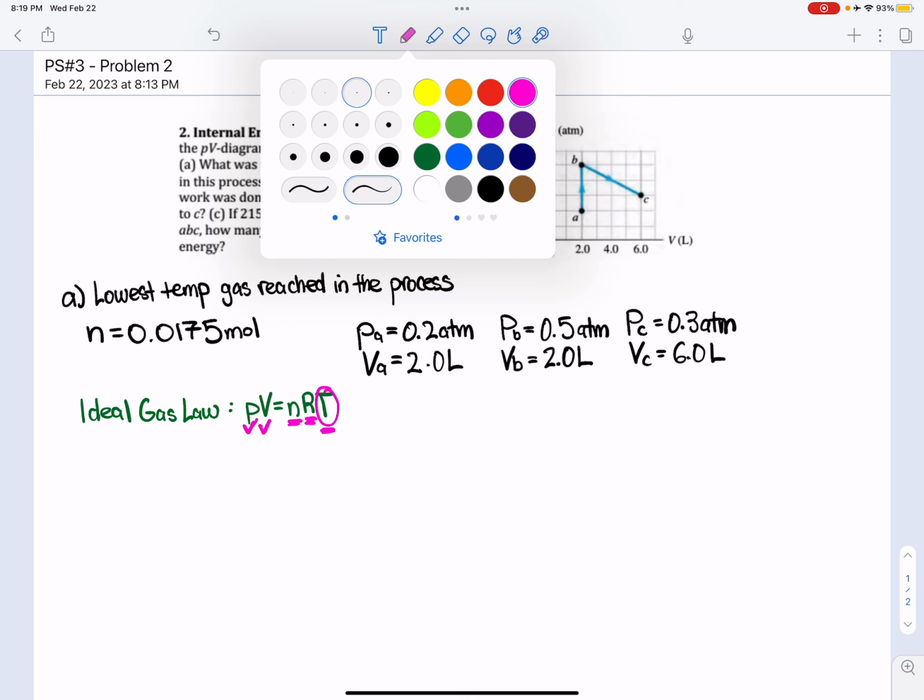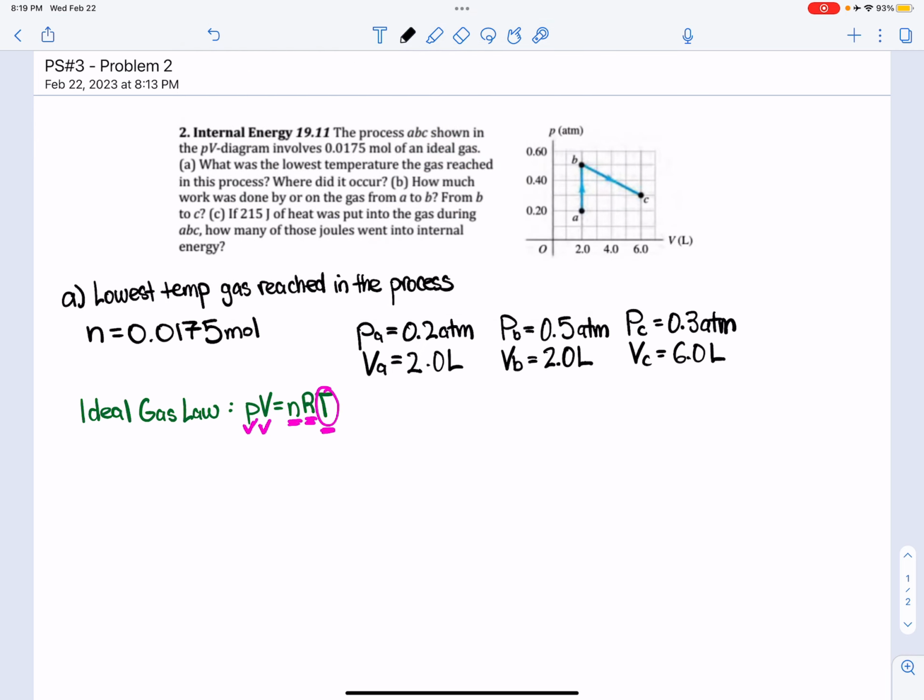So let's multiply out our pressure and volume for state A first, okay? If you multiply PA times VA, that is equal to 0.4 atm times liters, right? Okay, and for state B, if you multiply the pressure and volume, 0.5 times 2, PB times VB is equal to 1.0 atm times liters.